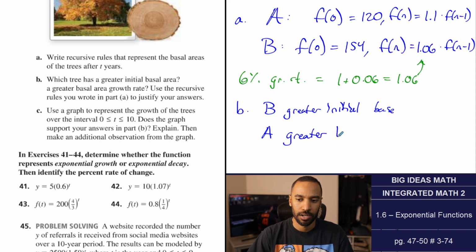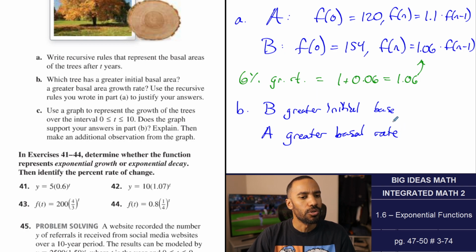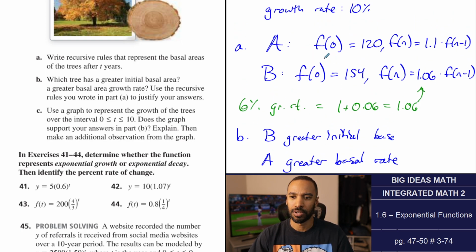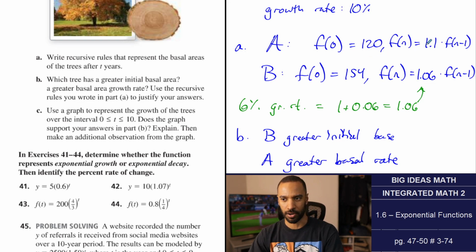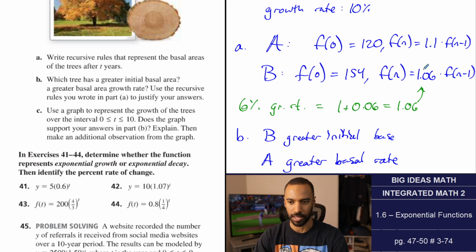Use the recursive rules you wrote in part A to justify your answers. Well, I'll say them out loud. The f of 0 is the initial value, so that's where B is greater, and this r value within the recursive part is the growth or decay rate that we're referring to. In this case, for A, 1.1 is greater.